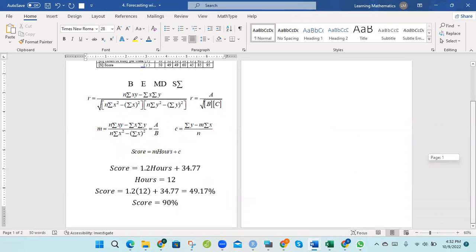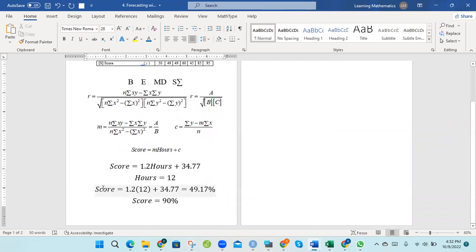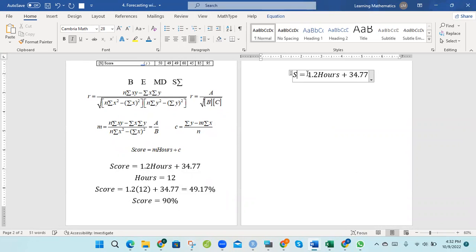Basically, what you do, you substitute 90 in the place of score. Because the score is 90, and now we're going to solve for hours. We subtract 34.77 on both sides because we're going to make hours the subject of the model.